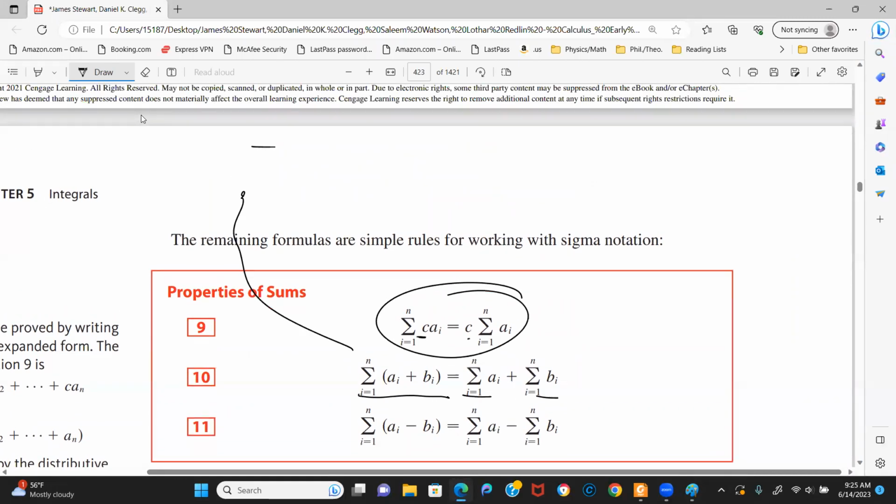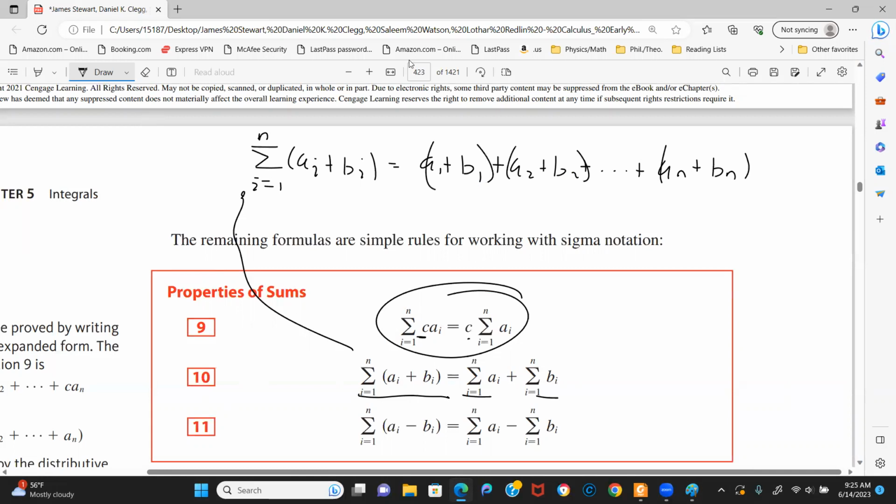So basically, if you take the sum as i goes from 1 to n of a_i plus b_i, what is that? Well, it's going to be a_1 plus b_1 plus a_2 plus b_2 all the way up to a_n plus b_n. You can put parentheses around these if you want to bracket them off. And then you just use the commutativity and associativity of real numbers.